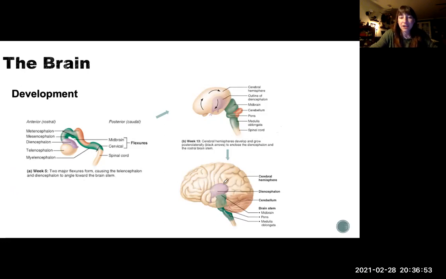So the diencephalon hangs out in the very dead center of your brain, and the telencephalon becomes the cerebral hemispheres of the cerebrum of the brain, okay? The rest of these structures, the mesencephalon, metencephalon, myelencephalon, are all going to end up becoming the midbrain and the brain stem, leading down into the spinal cord.